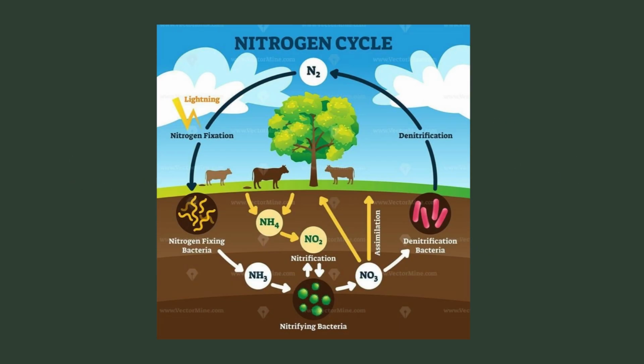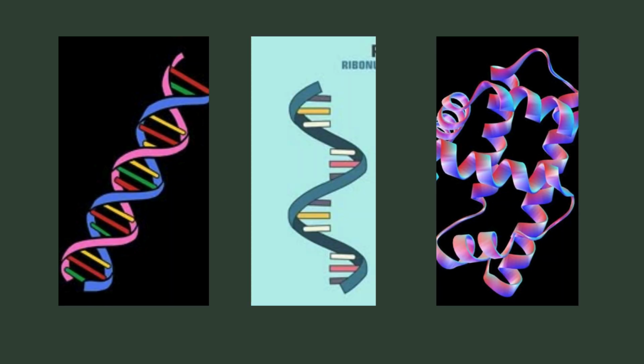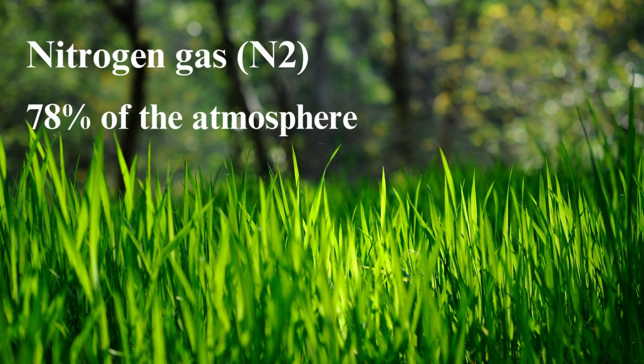The nitrogen cycle is crucial for all life on Earth because nitrogen is needed to make some of the most important molecules for life, including DNA, RNA, and proteins that are needed by all living things. Without nitrogen, there would be literally no life as we know it. So it is important to understand at least a little bit about how the nitrogen cycle works.